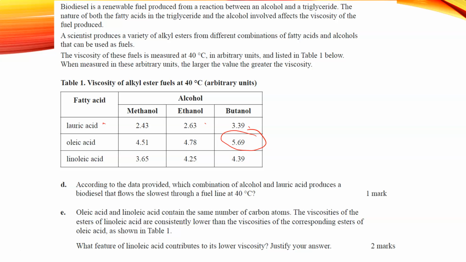They make the intermolecular forces weaker. So you've got weaker intermolecular forces between the linoleic acid molecules, and so their viscosity is lower. They flow more easily because they've got weaker intermolecular forces.